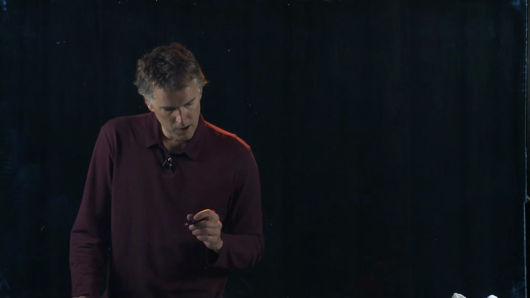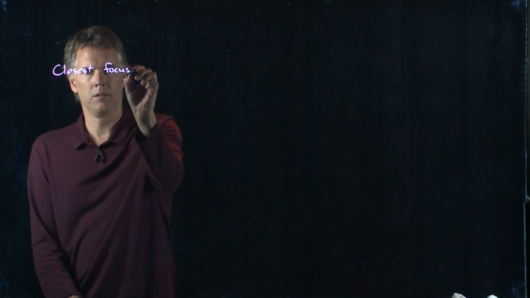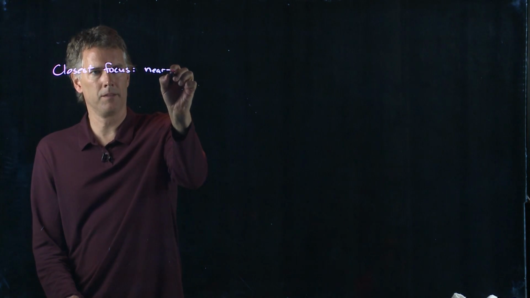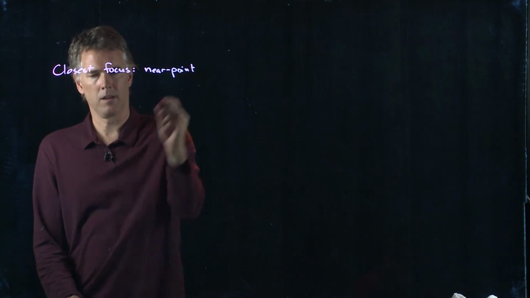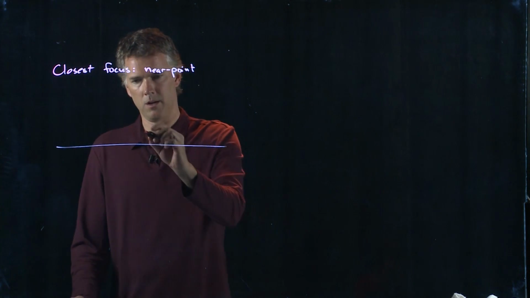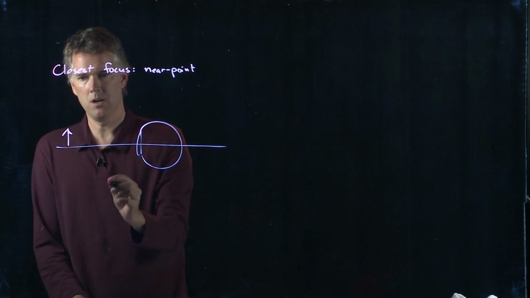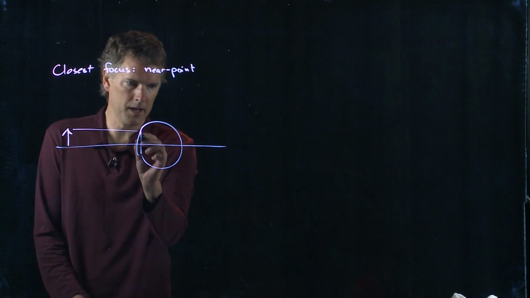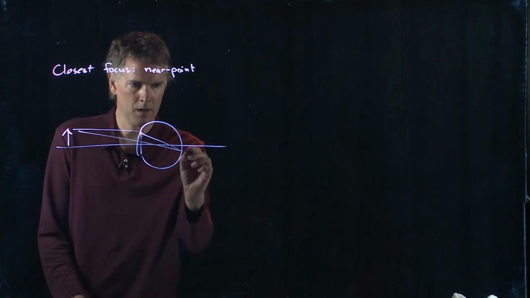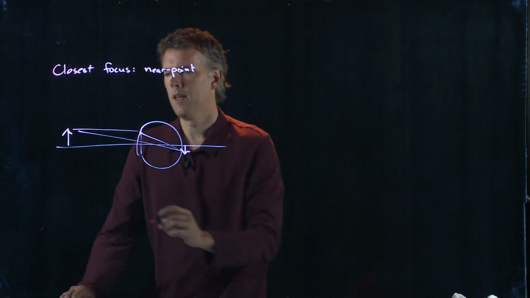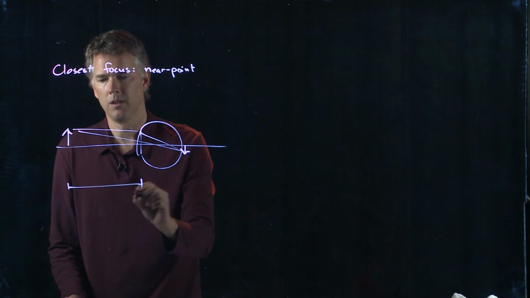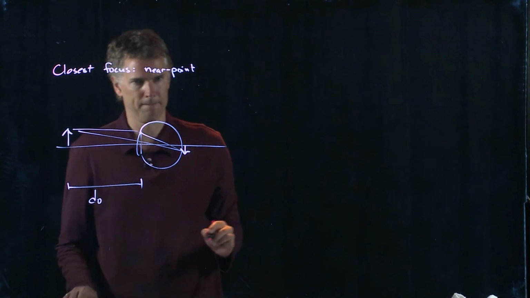Okay, what we said before was the closest point you can focus, that's the near point. And what do we mean by that? Well, here's our eyeball. Put the object here, and if it's there, then it comes to a focus on the back of the retina. That distance is your near point.